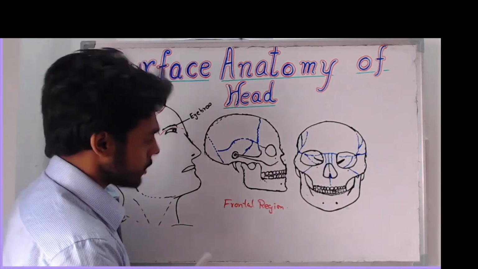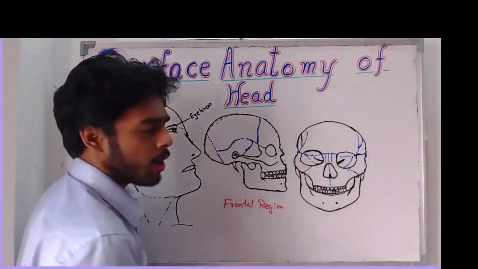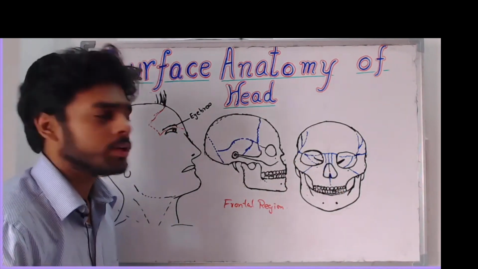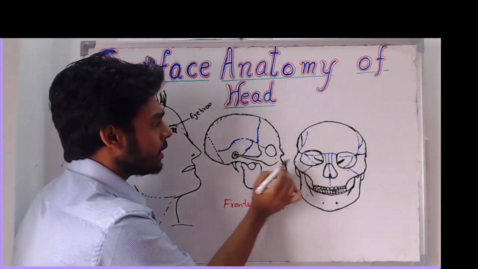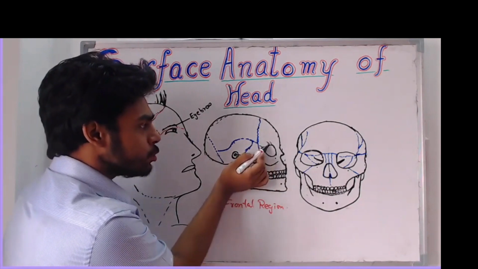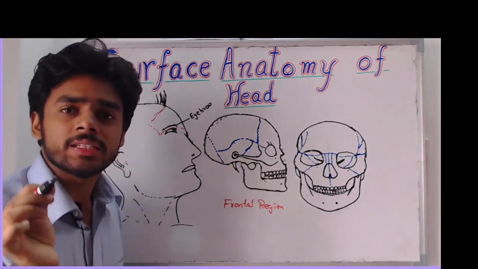So this superior border is called supraorbital margin. And the elevated area, here you can feel the elevation which is superior to this supraorbital margin, and that is called superciliary arch.